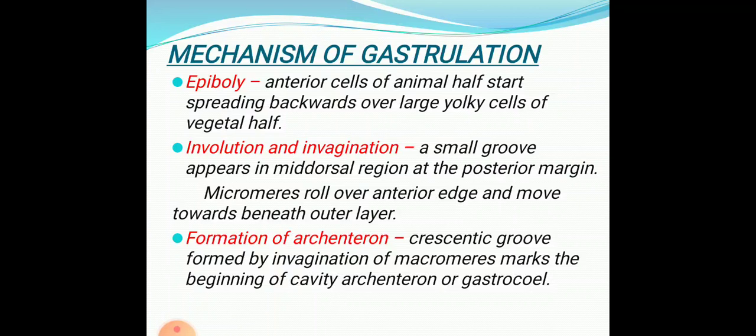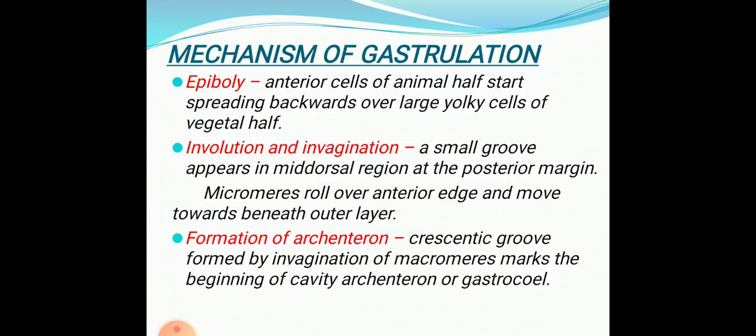In the epibolic movements, the examples are convergence and extension. But the examples for embolic movements are invagination, involution, divergence, etc. So these movements are called embolic movements. During the gastrulation, some events occur.